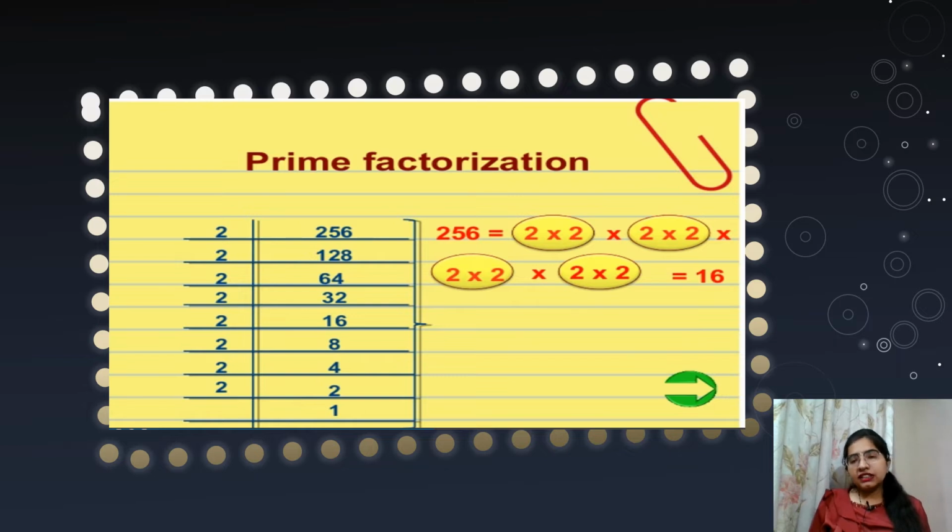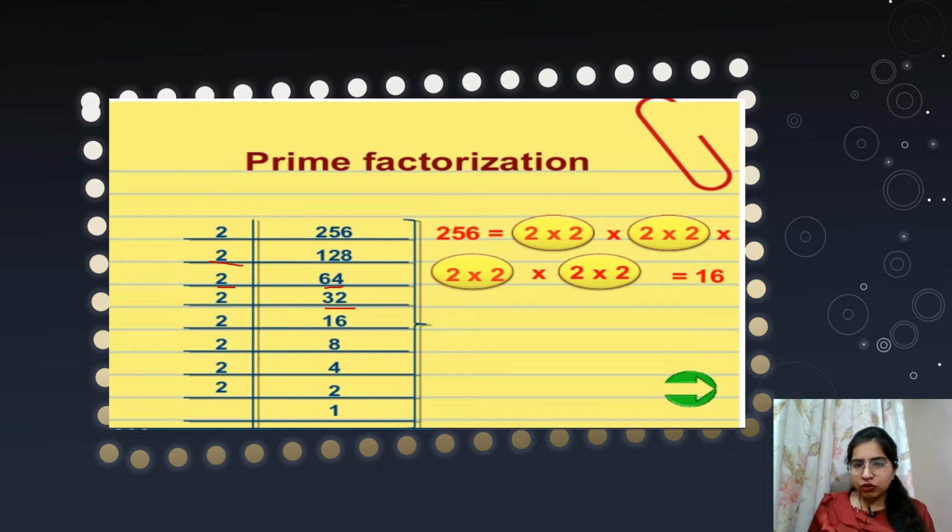Next is prime factorization. You know very well how to do prime factorization, and how to take LCM. We have told you in previous classes. Let me explain one thing. If you want to factorize 256, it will go at the table of 2 to 128, then 128 goes at the table of 2 to 64, 64 again goes to 32, like this only till you get 1.